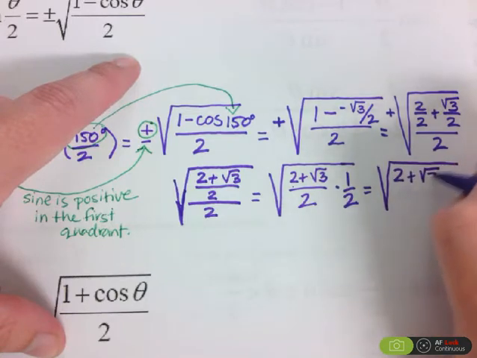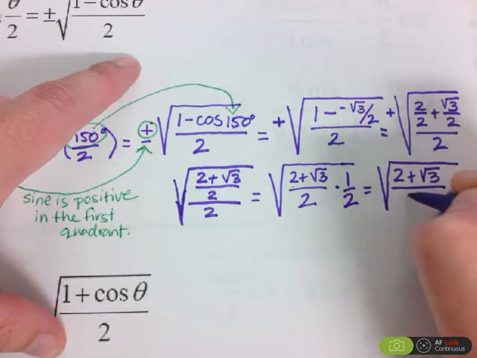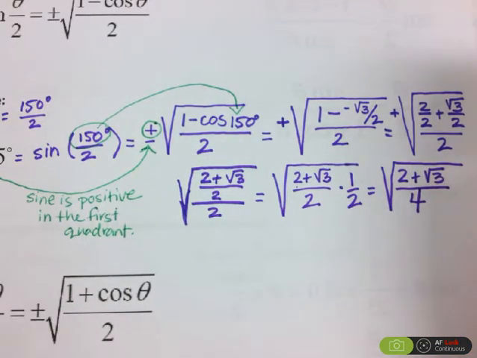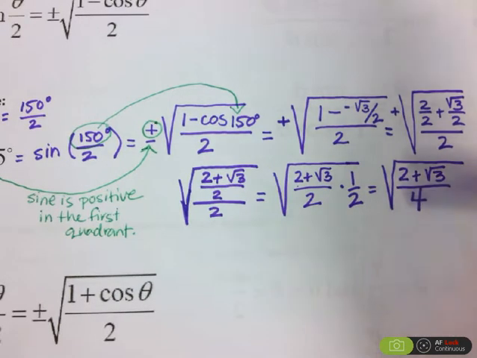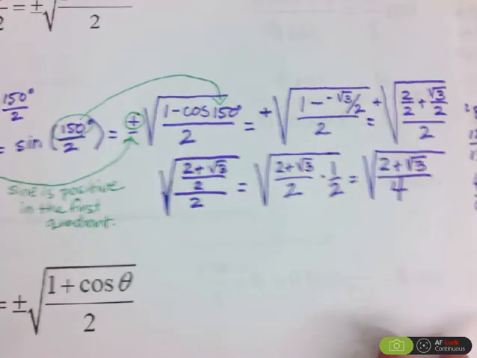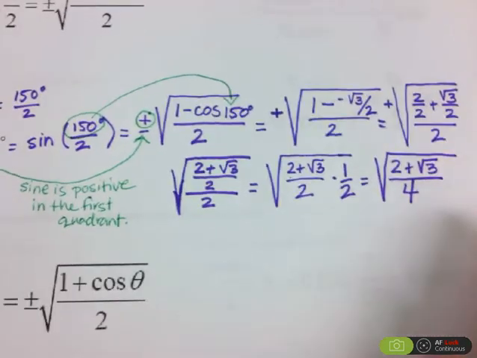So we do end up with a radical and a radical, which is not pretty, but there's one thing we can do, which is rationalize our denominator. So if I have square root of 4 in my denominator, that becomes what? 2. So what we're going to do is take our square root, put it only on the numerator, and then change square root of 4 to be denominator.